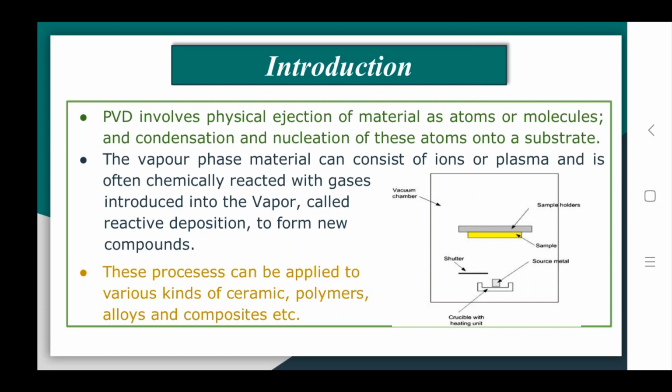Look at the diagram. Here we are keeping our source material, then either by giving heat, or some kind of electron beam, or laser beam, or some other energy, we are agitating these metal ions, so that these metal ions slowly deposit onto the substrate. Okay, let us move to the next slide.